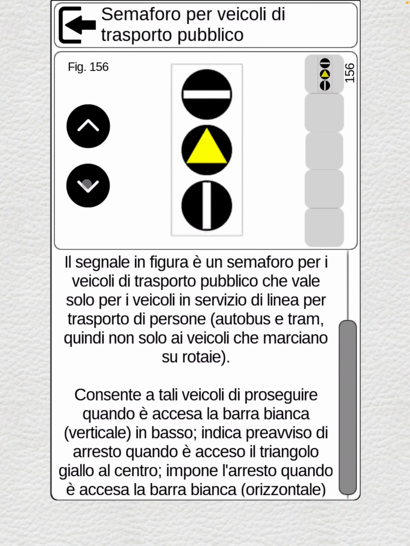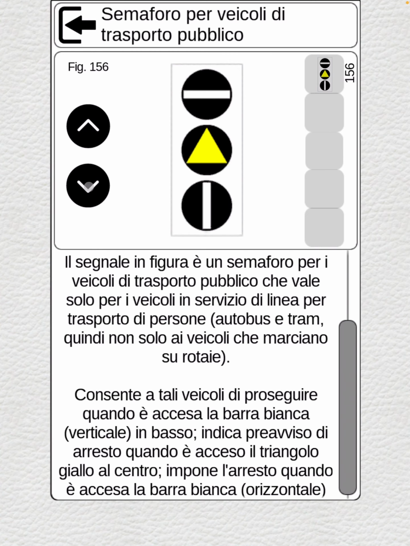Let's go ahead. Semaforo per veicoli di trasporto pubblico. Trasporto pubblico, vehicles to transport public people. What does it mean? It means maybe a bus, taxi, all those things.